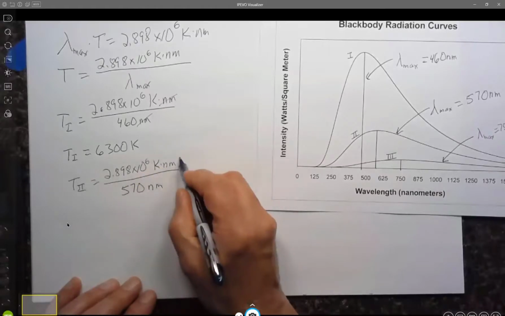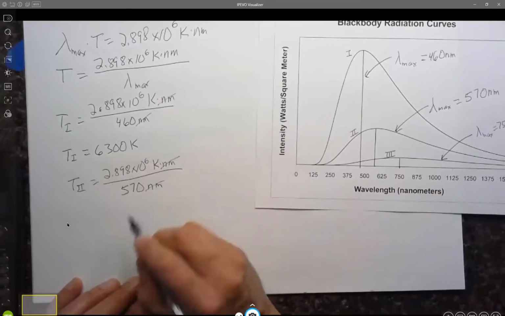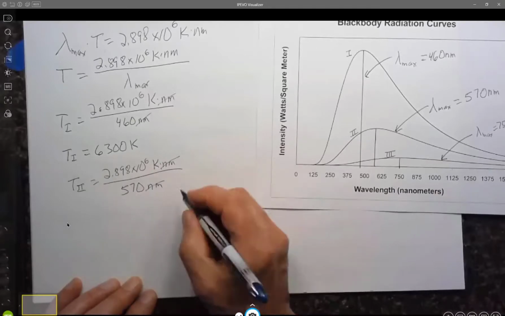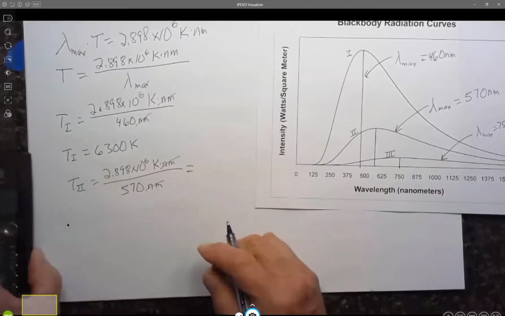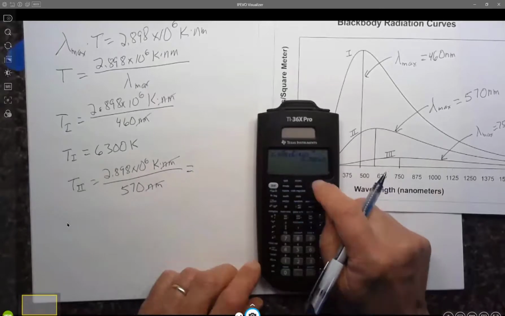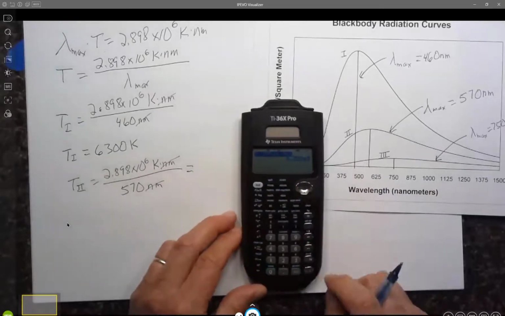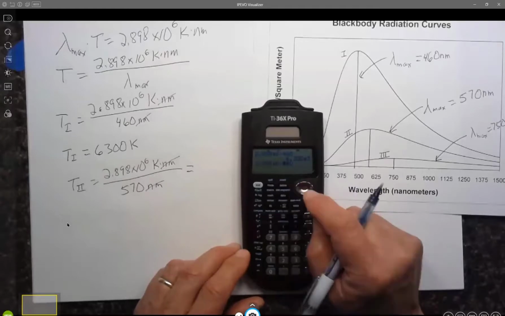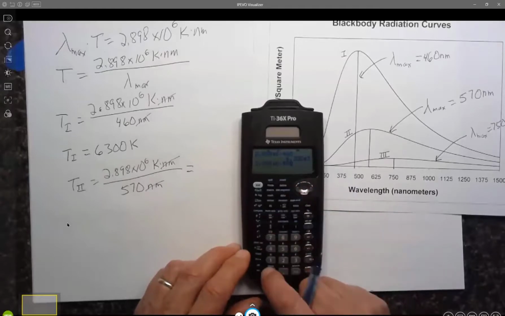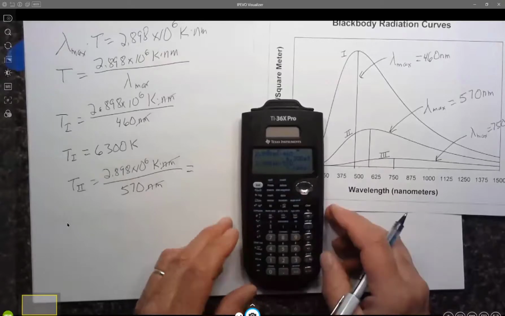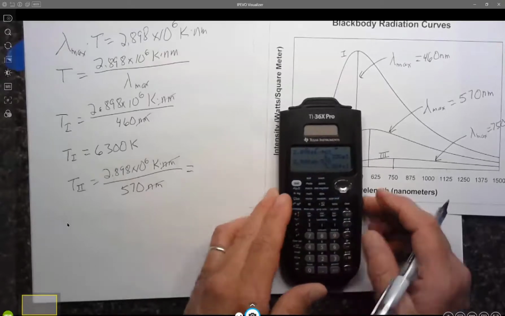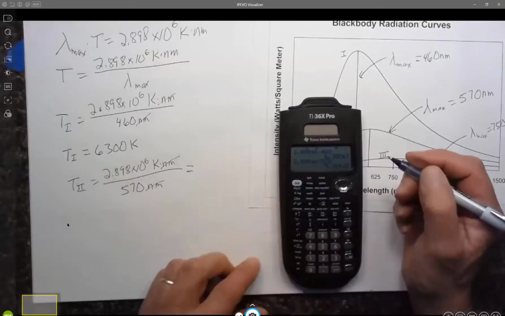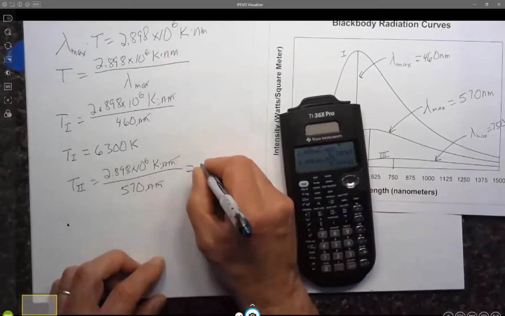Again, the nanometers on top of the fraction divide with the nanometers on the bottom, and I'm just left with Kelvin. And actually, I'm just going to go to my previous calculation and change that 460 into 570. And I get about, if I rounded that to the nearest 100, it would be 5,100 Kelvin.